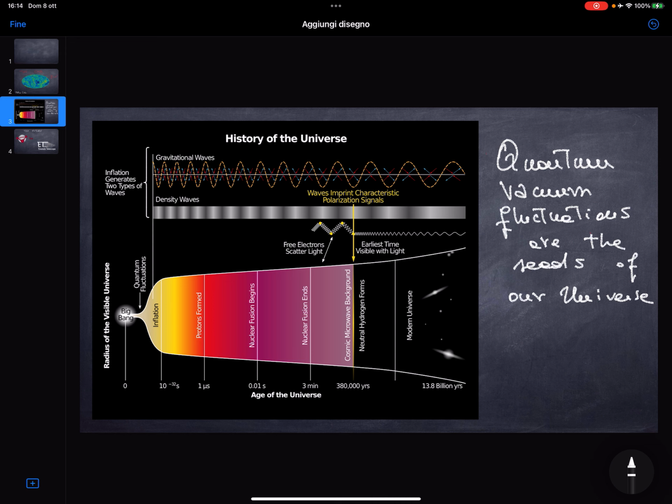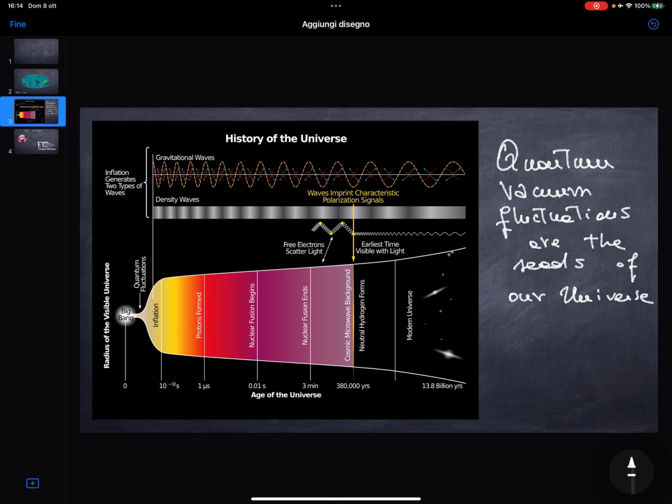But besides the production and the stretching of scalar perturbations, another kind of perturbation is of great importance in these studies. These are the gravitational waves, the tensor ones.